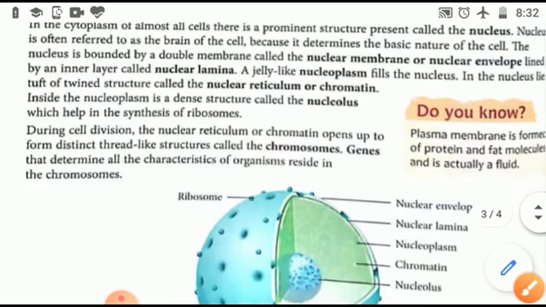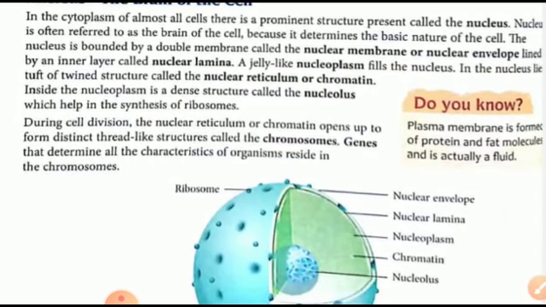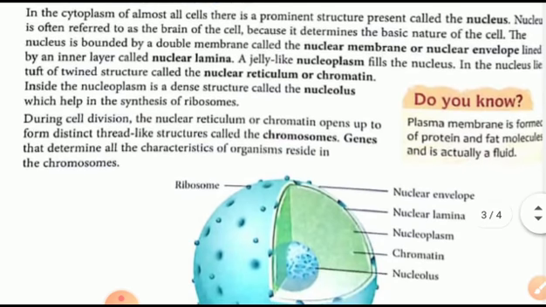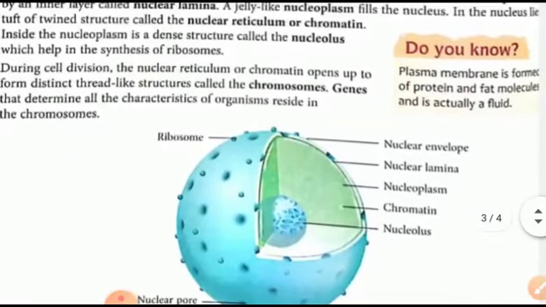During cell division, the nuclear reticulum or chromatin opens up to form distinct thread-like structures called chromosomes. Genes that determine all the characteristics of an organism reside in the chromosomes. So remember, genes are present in the chromosome, and the chromosome is present in the nucleus, in the nucleoplasm.